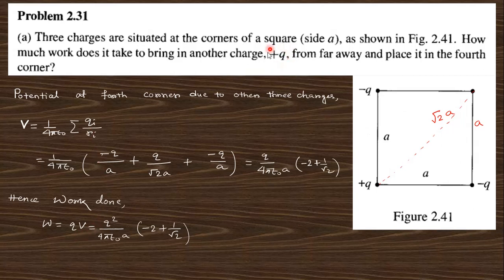Q is the charge and this is the potential, so the work done will be charge into potential. So if you put in this charge, you will get this work done.